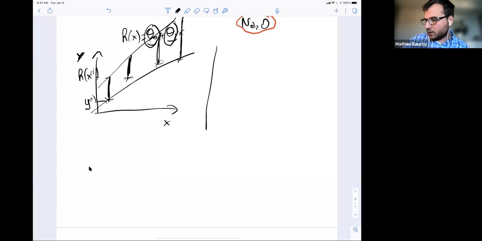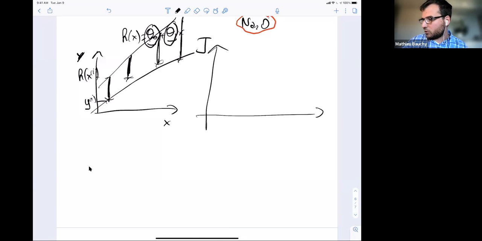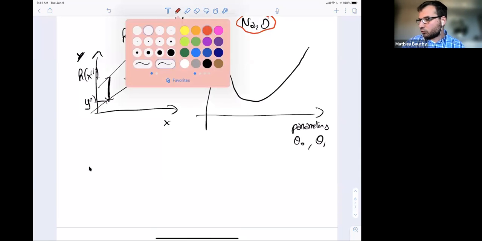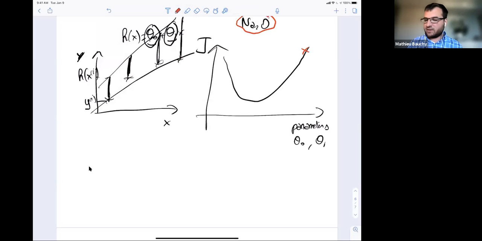So you can think about this as follows, you have your cost function. Your cost function is going to be something like this, where you need to find the best value of the parameters, theta naught and theta 1. And initially, you will start with the wrong value for theta naught and theta 1. And you will want to see how should I change theta naught and theta 1 in order to minimize the cost function.